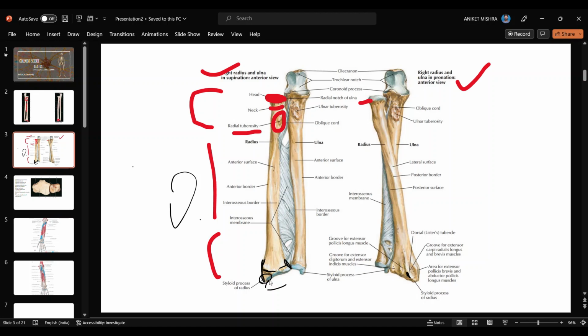So when we see the distal part, there is the scaphoid bone, where it makes an attachment with the carpal bone. These are the landmarks present on the radius.